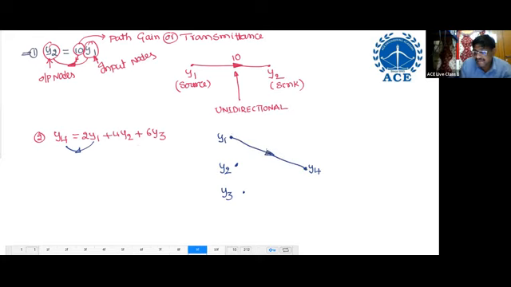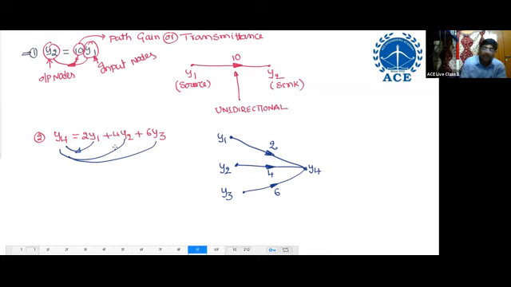What is the path gain? 2. Next, start at Y2, end at Y4. What is the path gain? 4. Next, start at Y3, end at Y4. What is the path gain? 6. So 2, 4, 6. This is the signal flow graph.